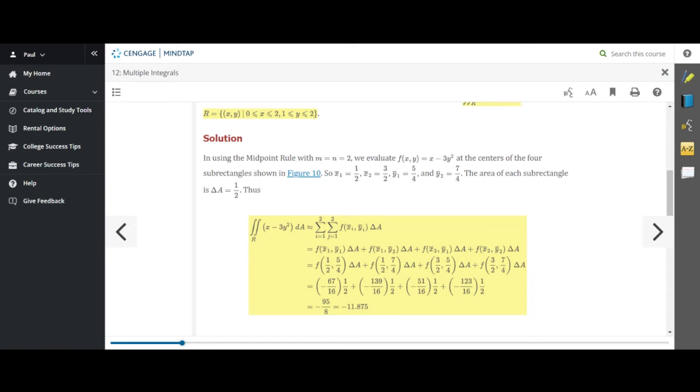The function x minus 3y squared must go below the xy plane more than it goes above. If you were to graph that surface, the net total of positive volume and negative volume would be negative. We'll see a nice picture of that later on.